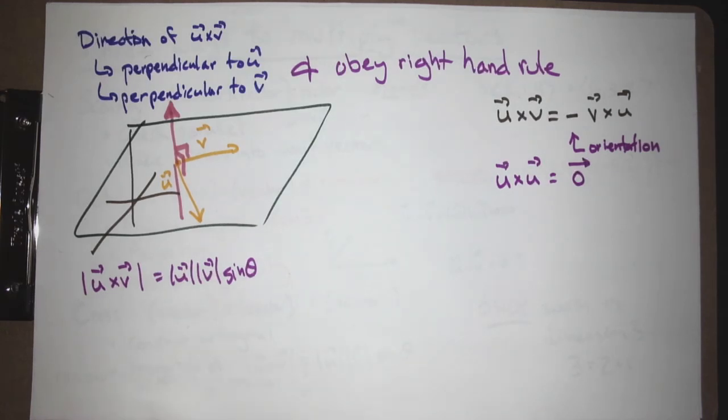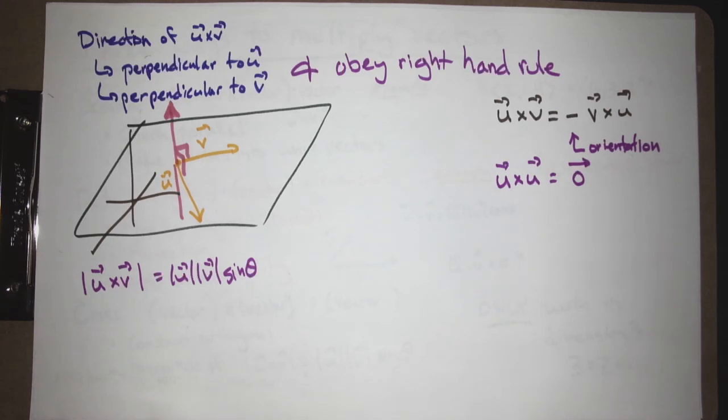Now why? Well, what's the angle between a vector and itself? 0. So what's sine of 0? 0. So the magnitude has to be 0. There are not very many vectors with magnitude 0. So it has to be the 0 vector. So again, it's kind of strange. It takes some time to get used to.